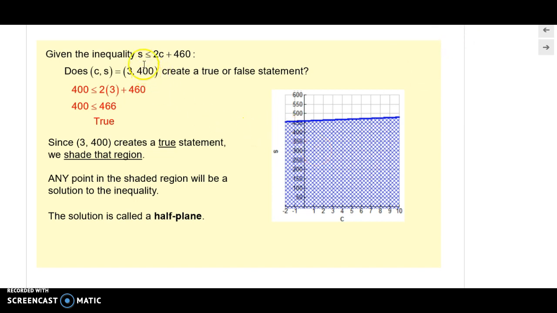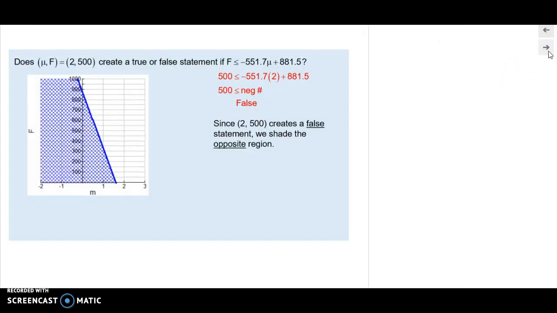So if we take the point 400 for S and 3 for C and plug it in, we do get a true statement. 400 is less than or equal to 466. So again, if it's a true statement, that's where we're going to end up shading. All right. So that entire shaded region again is part of our solution set.